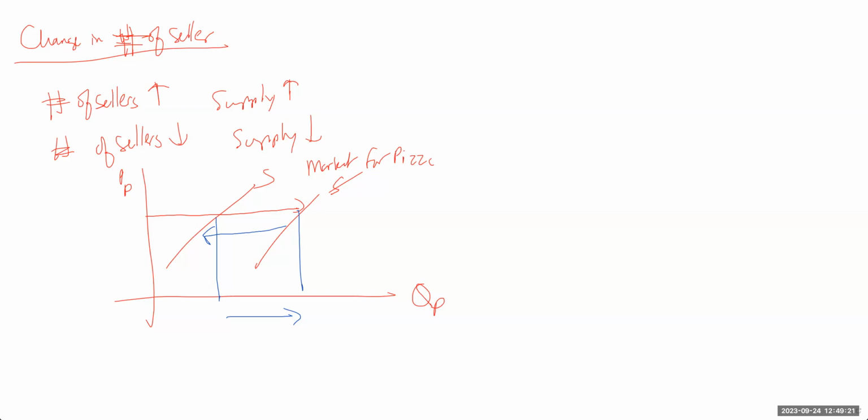So again, I'm done with the supply section and what can shift supply. These are the only things I'm going to talk about or test you on. In the notes, it gives you a summary of the 4 things we talked about: input price changes, technology changes, expectations, and the number of sellers.